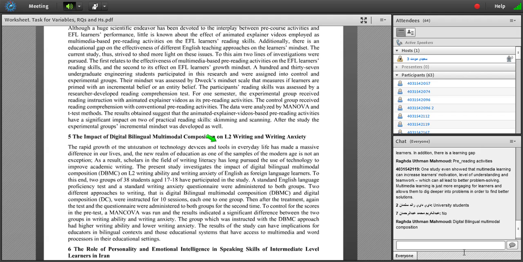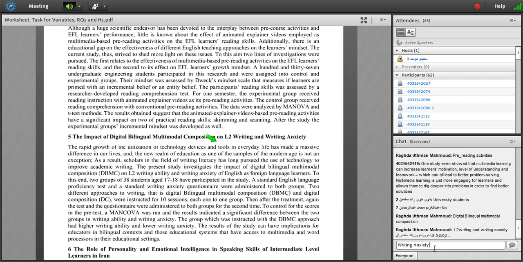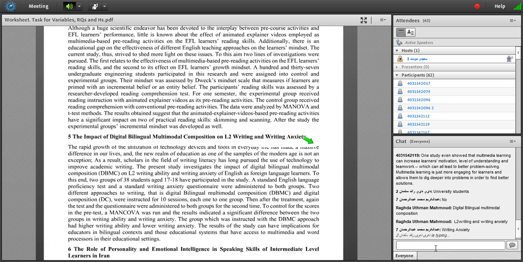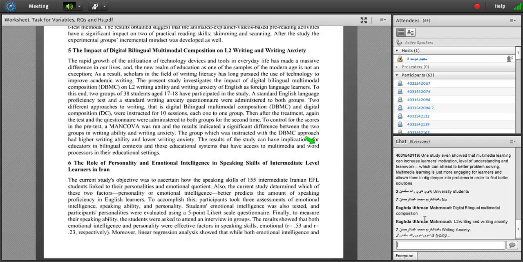What about dependent variables? Exactly. L2 writing and writing anxiety. These are the dependent variables.